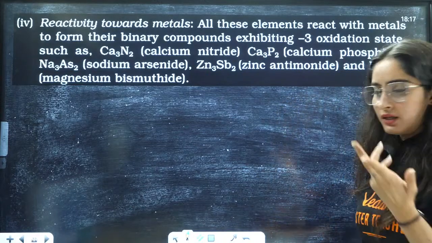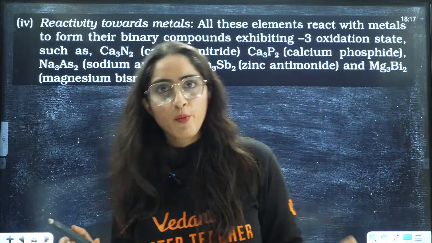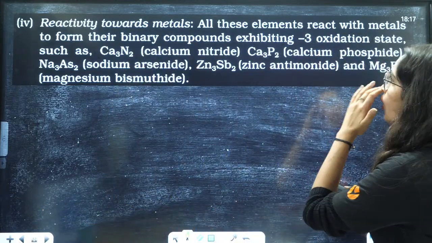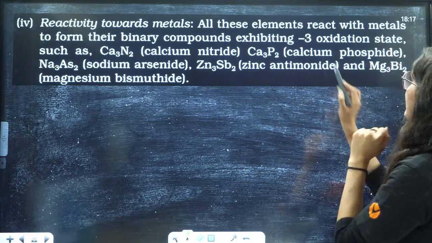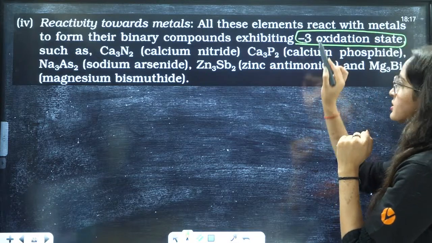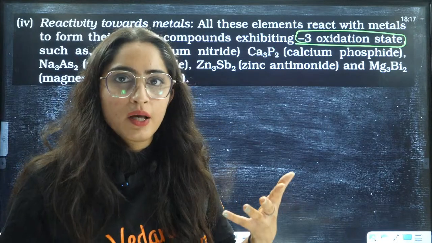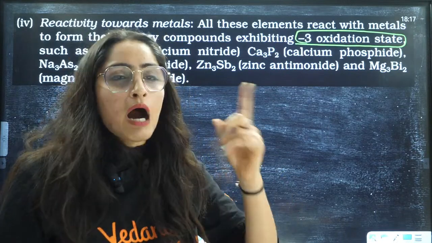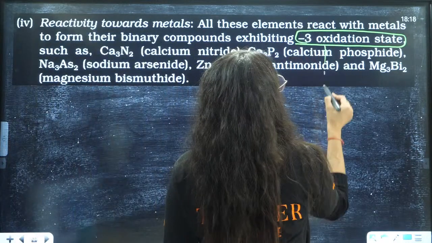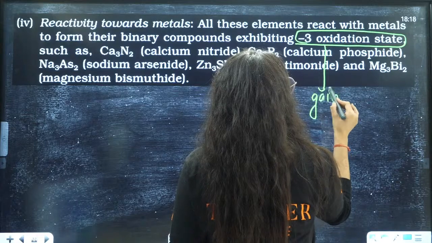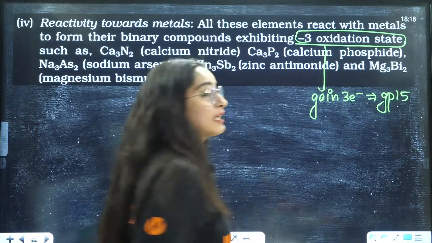Reactivity towards metal. See, we have different metals, right? We have group number 1, group number 2 metals. So all these elements react with metals in their binary compounds exhibiting the -3 oxidation state. Metals want to lose, so the counterpart should gain the electron. That is why these elements will gain 3 electrons. Group number 15 elements will gain 3 electrons.